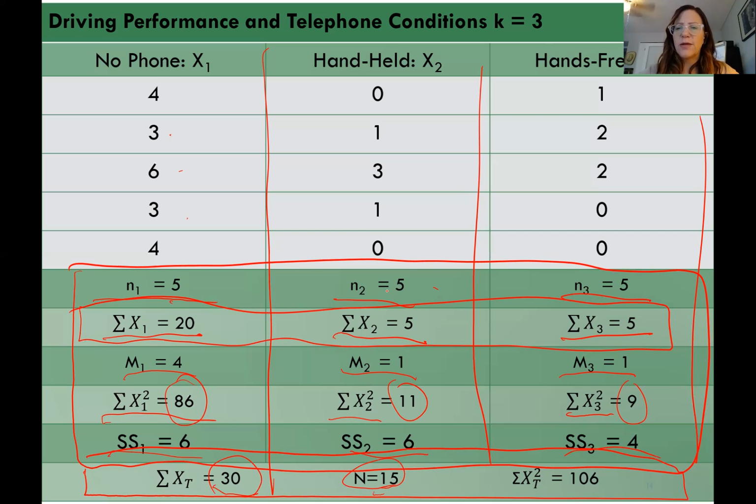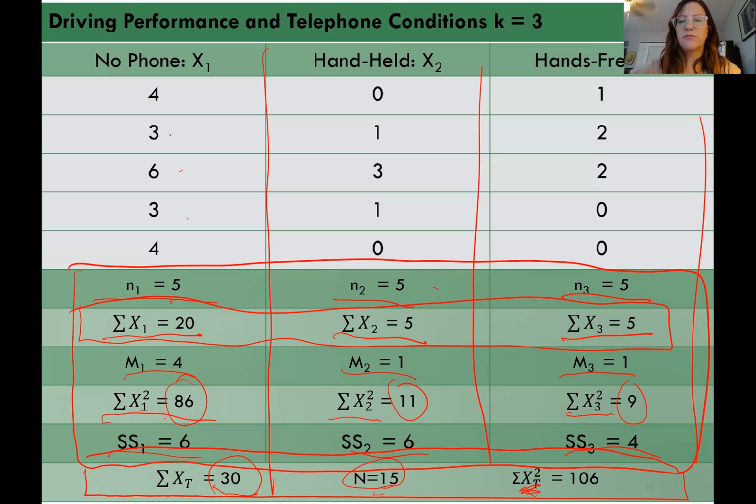Now you have this new one, the sum of X squared total. Basically, if I took every score in the entire study, squared them separately, and then added them all up, that's what 106 is. But there's an easier way. If you're getting your sum of X squared for each group separately, just add those three up.